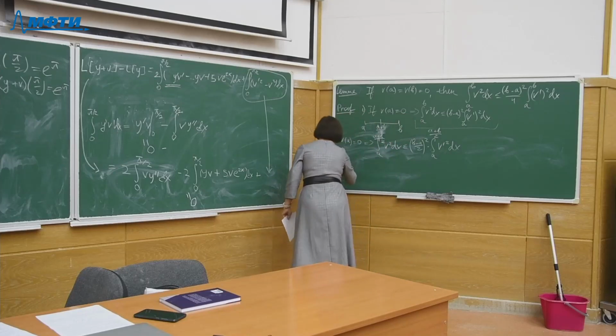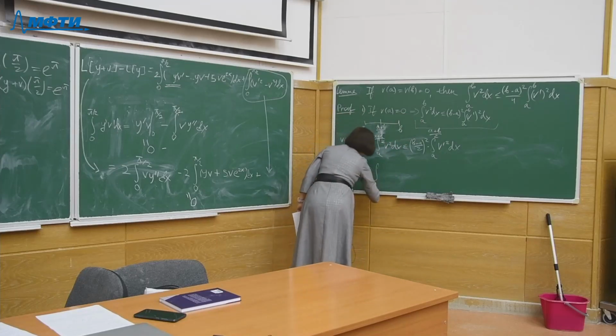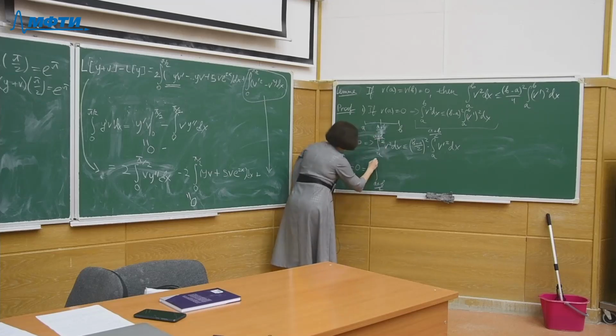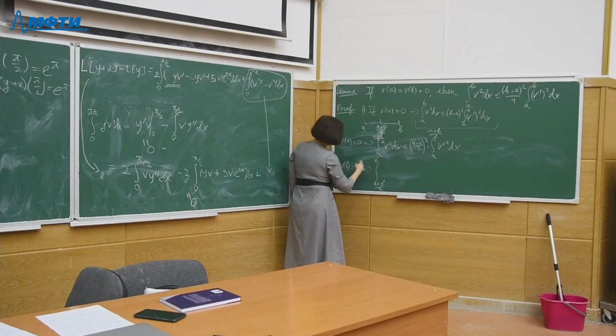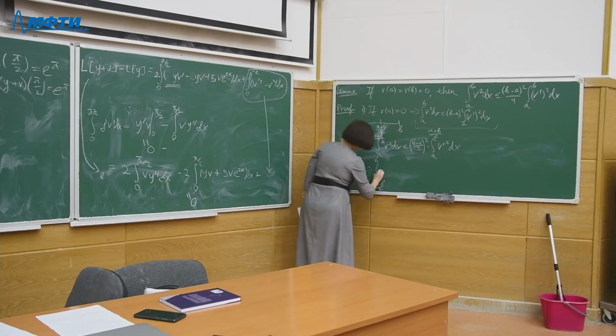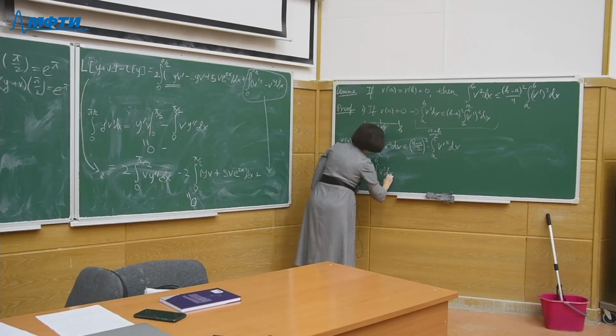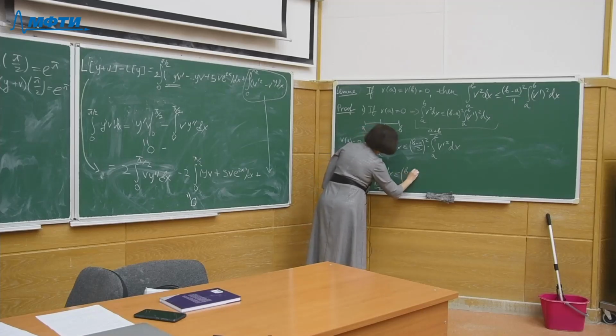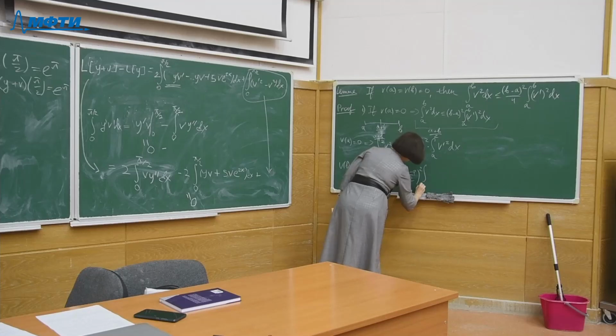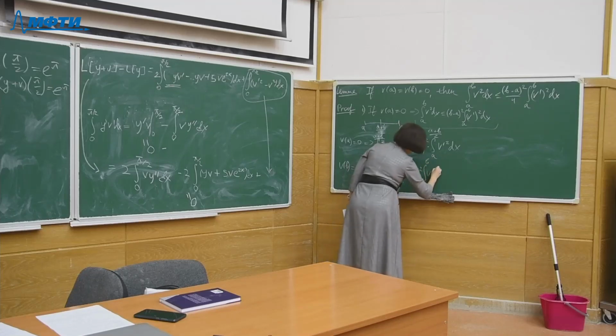And from the condition that v of b equals 0, I will get the similar statement: the integral from (a plus b)/2 to b of v squared dx is less than or equal to ((b minus a)/2) squared times the integral from (a plus b)/2 to b of v prime squared dx.